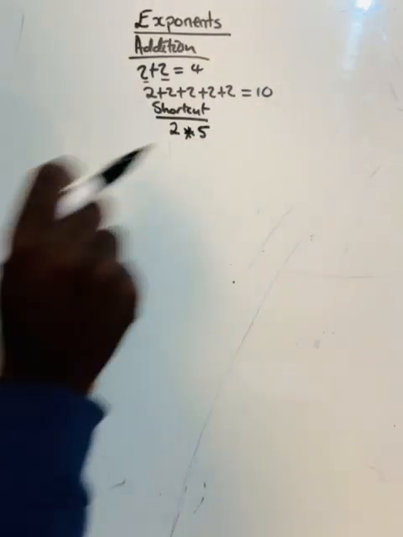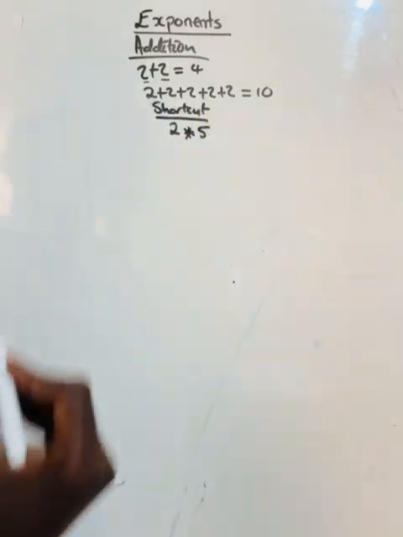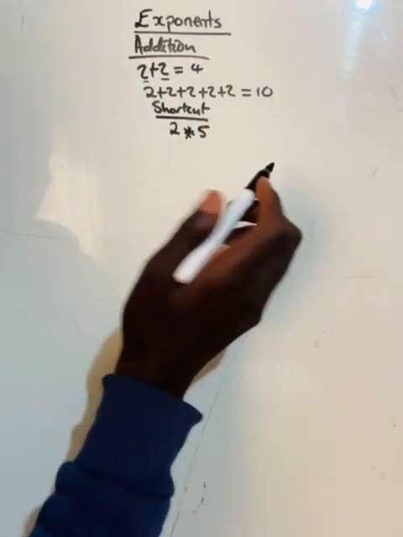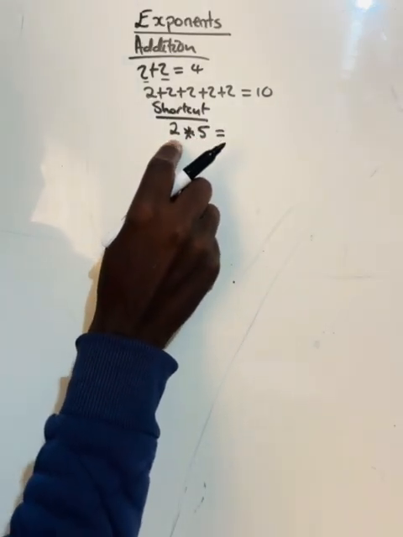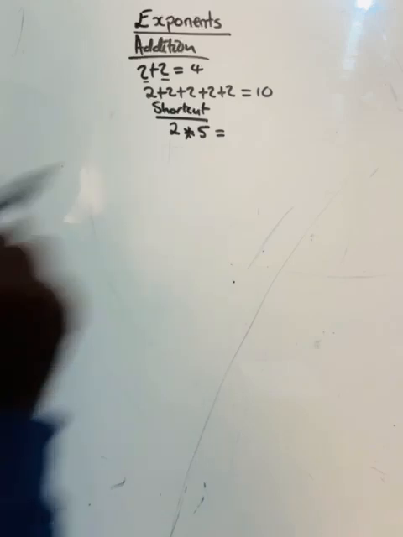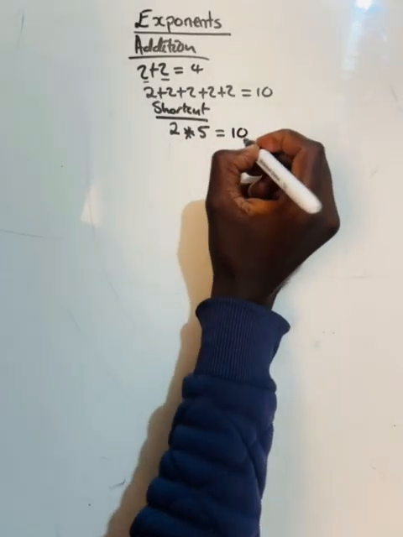So 2 multiplied by 5 is identical to saying 2 plus 2 plus 2 plus 2 plus 2, right? So 2 times 5 simply says repeatedly add 2, 5 times. And 2 multiplied by 5 equals 10.